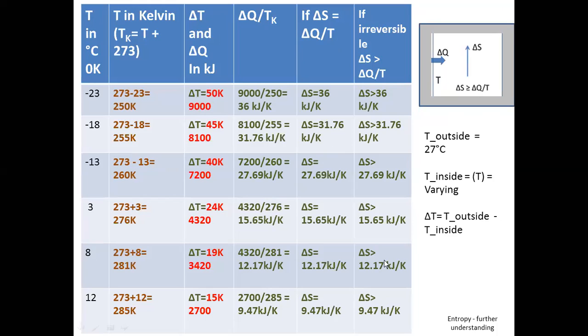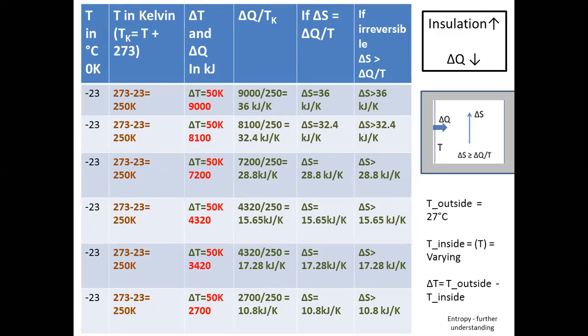So very interesting. You can see when the thermostat setting goes high, the delta Q value reduces, and finally your delta S entropy increase within the system is decreased. So then this is the case.